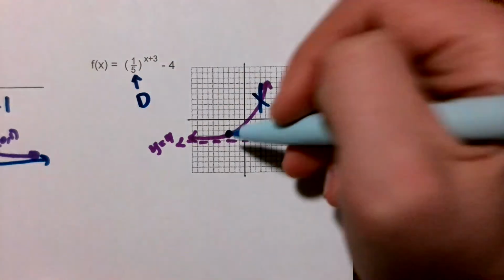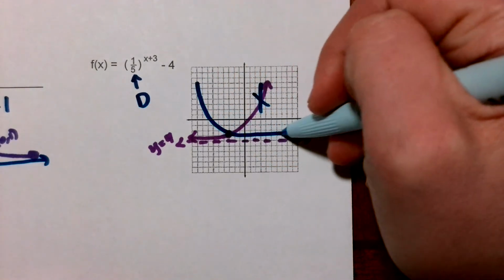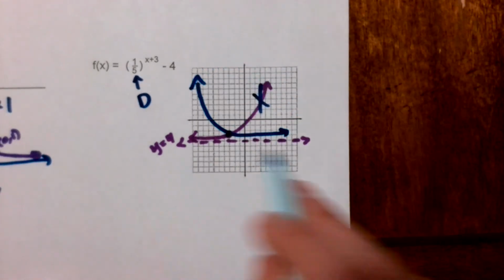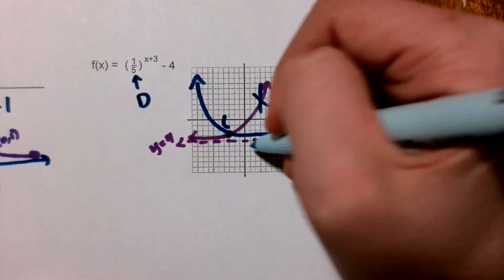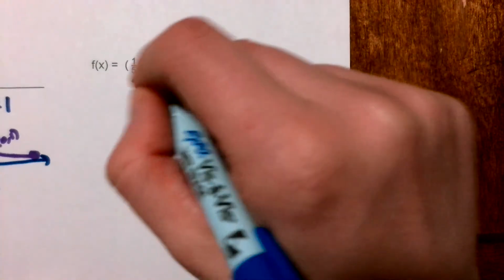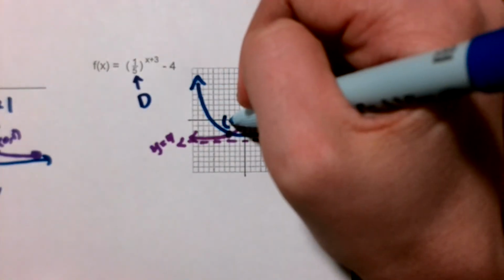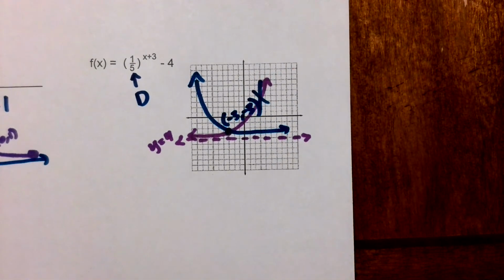Since my 1/5 is in between 0 and 1, this is a decay, and so I should be starting up and then getting closer to the x-axis, or to that horizontal asymptote. Sorry about that. I do want to label my 1 point that is always going to be 1 above the horizontal asymptote and then shifted left or right, however it needs to be shifted. So that's my (-3, -3). But then the rest I am sketching based on my shifting.